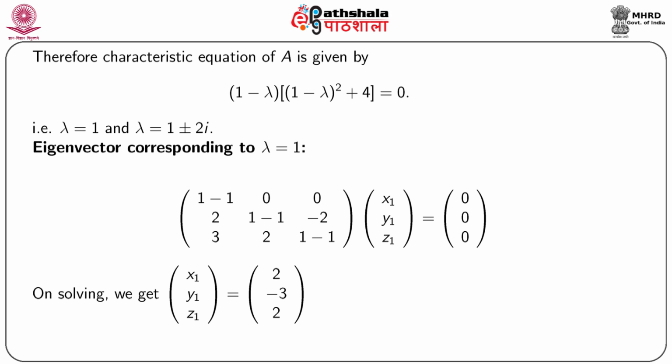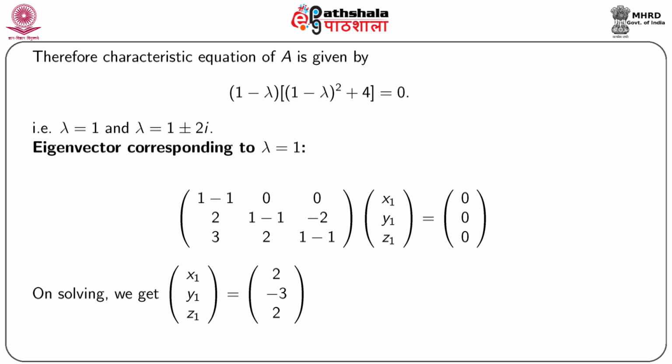We are looking for non-zero values of x1, y1, z1 such that the vector is a non-zero vector, and hence, on attributing values which satisfy these three equations, we can get x1 equal to 2, y1 equal to minus 3 and z1 equal to 2.